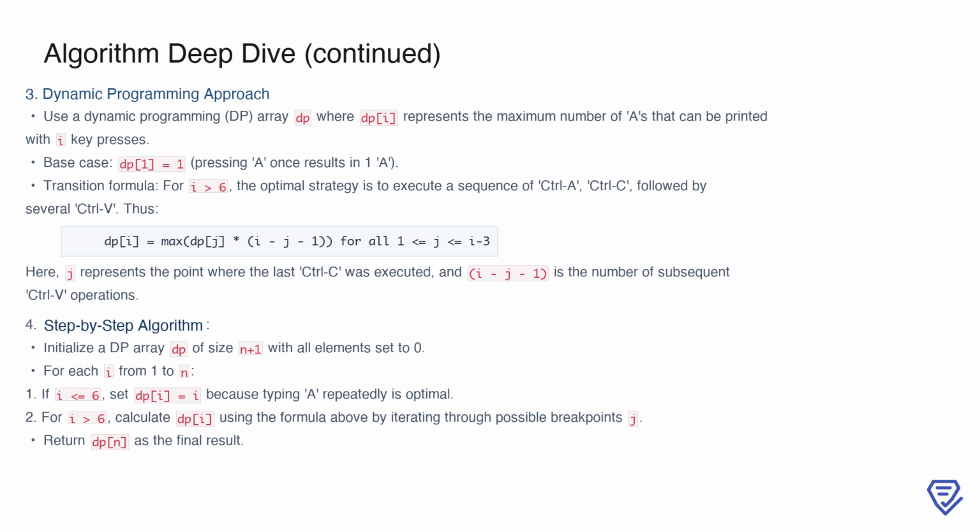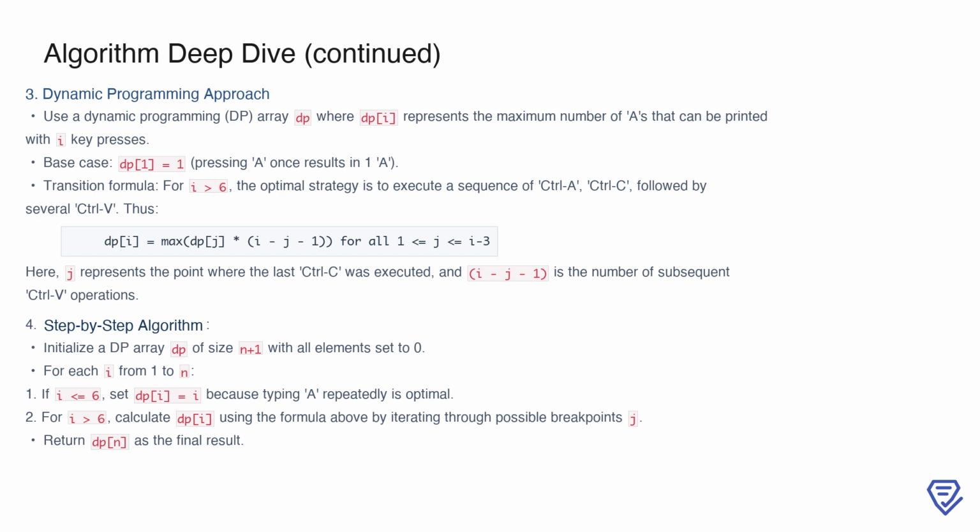We define a DP array, where DP[i] represents the maximum number of A's that can be printed with exactly i key presses. The base case is simple, DP[1] equals 1, since pressing key 1 once results in 1 A. For values of i greater than 6, the optimal strategy involves a sequence of Ctrl-A, Ctrl-C, and multiple Ctrl-V operations.